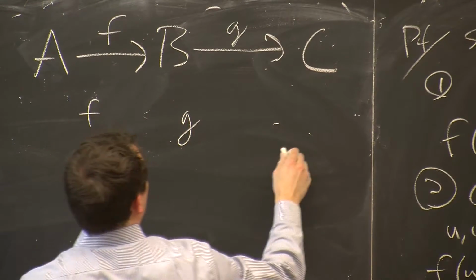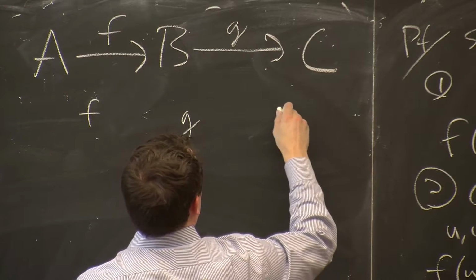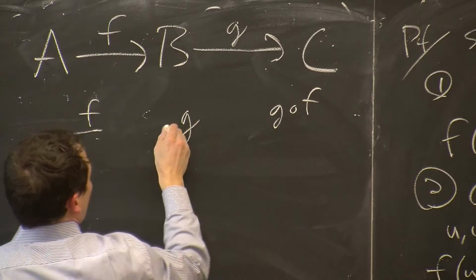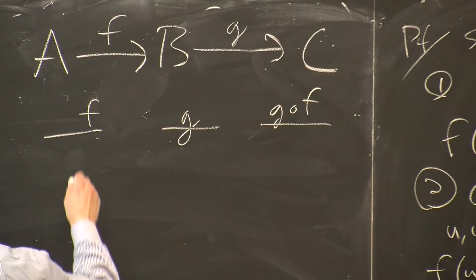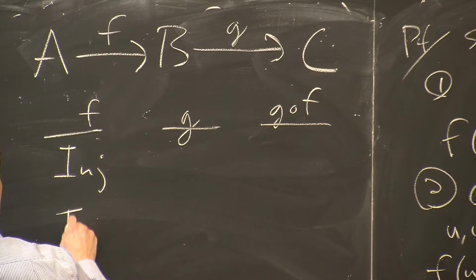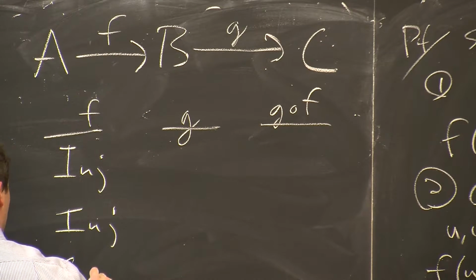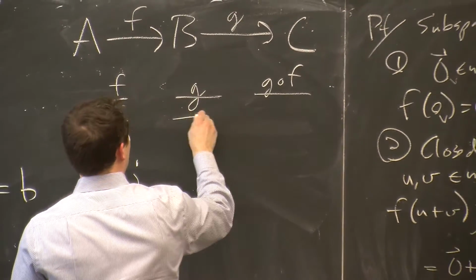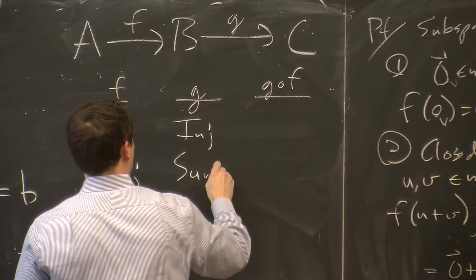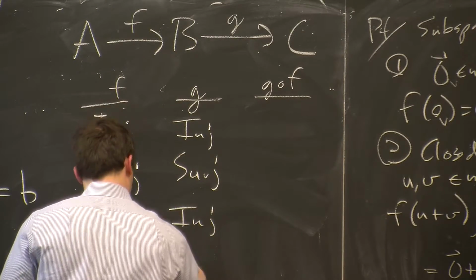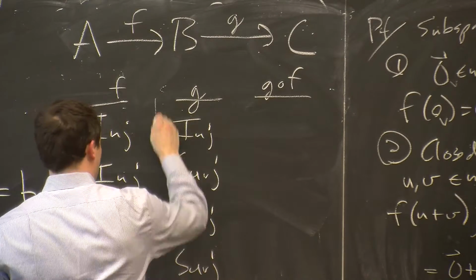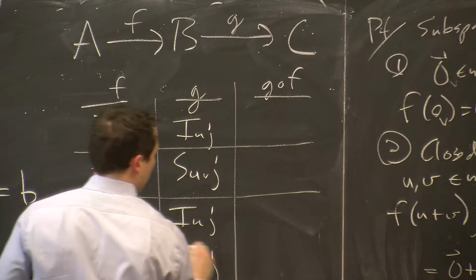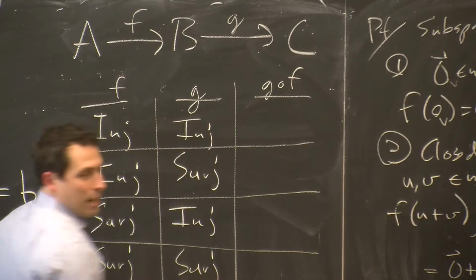And I think about g composition f: first apply f, then apply g. f could be injective or surjective. g could be injective or surjective. And I'd like to know, what can we say about their composition? Is it injective, surjective? Well, we can't tell from that information.